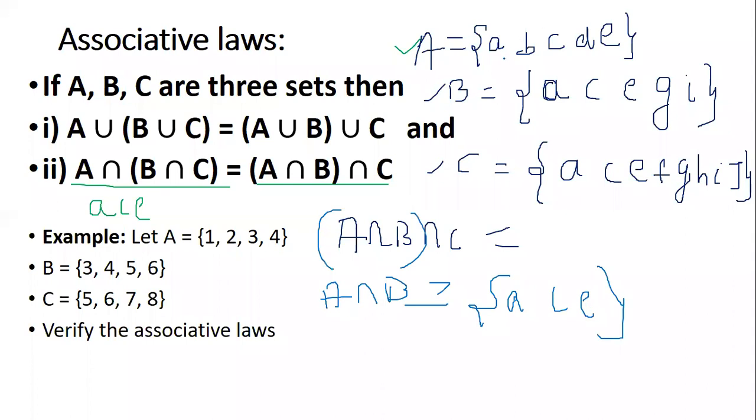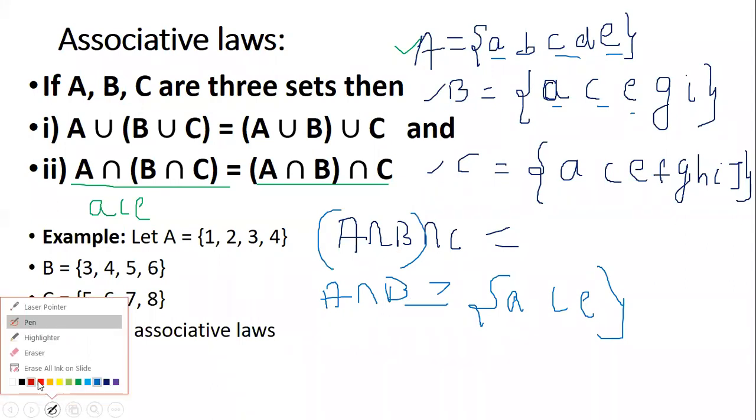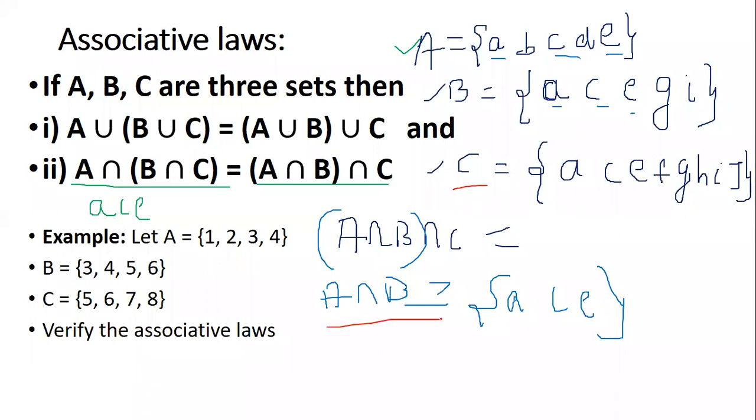So the common things are A, C and E. Now coming to (A intersection B) intersection C, I have C and I have A intersection B. So what should be the common things? A, C, E. For this also we got ACE as the answer. For the first also we got ACE as the answer, which means the second law is also applicable and it is proved. Okay, understood associative law?